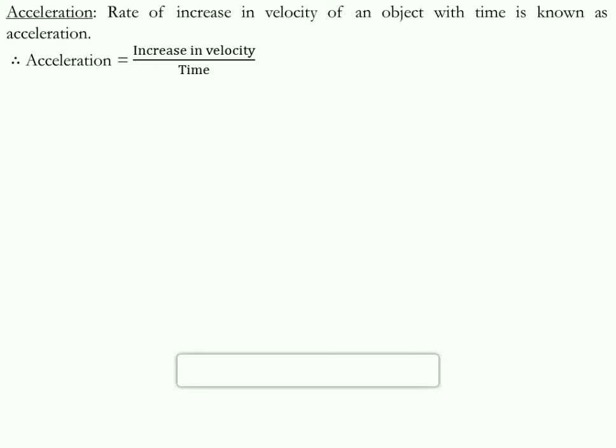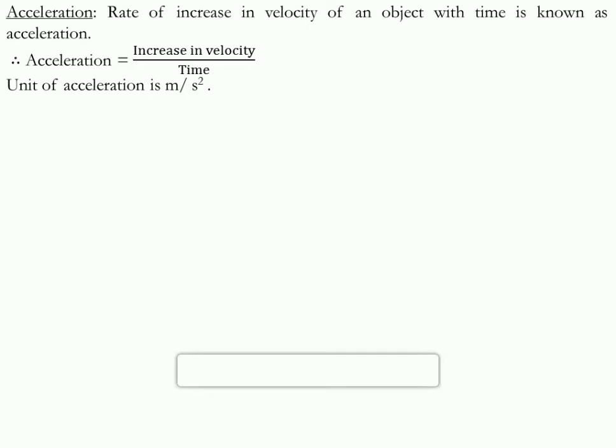So the formula for acceleration is increase of velocity divided by time. As we know, unit of velocity is meter per second and unit of time is second. So meter per second divided by second, it becomes meter per second square. So unit of acceleration is meter per second square.